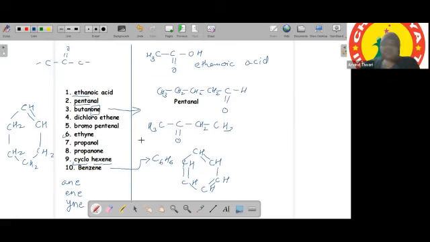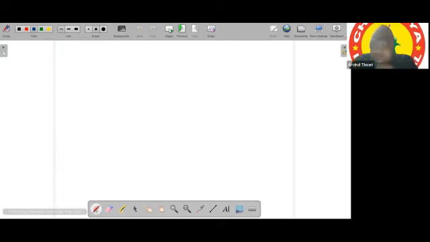Okay, so I think everyone has now understood the nomenclature of organic compounds. Anyone having any issues with the nomenclature? Now we can move further.